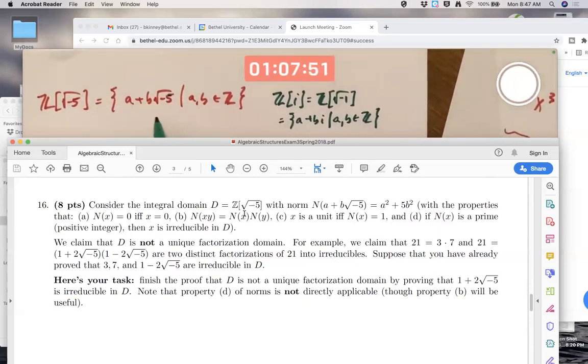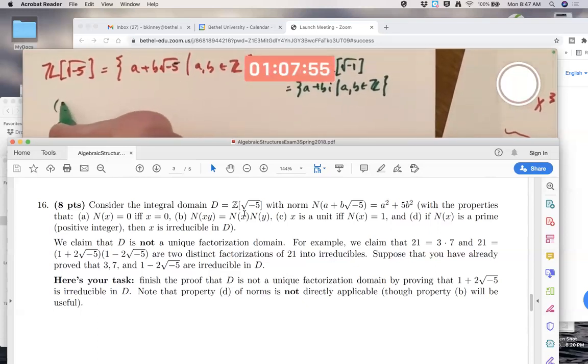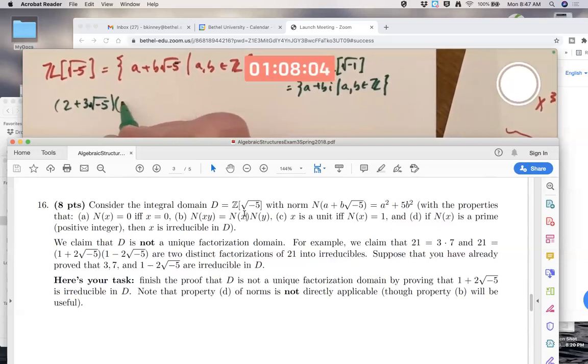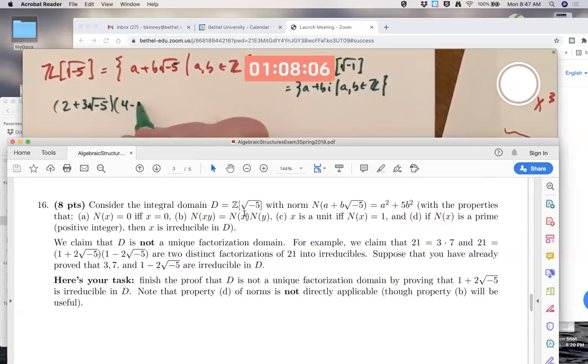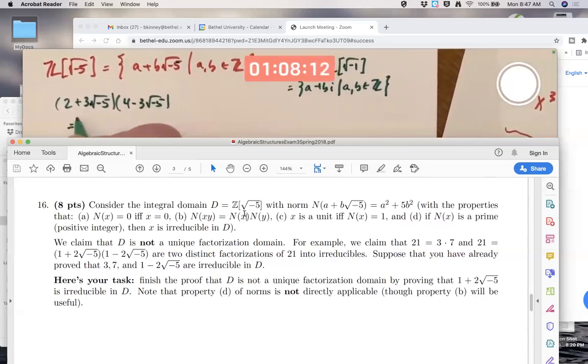This is a ring. How are calculations done? We could just do an example quick. If I multiplied 2 plus 3 times the square root of -5 times 4 minus 3 square root of -5, you'd FOIL it out. First times first is 8.